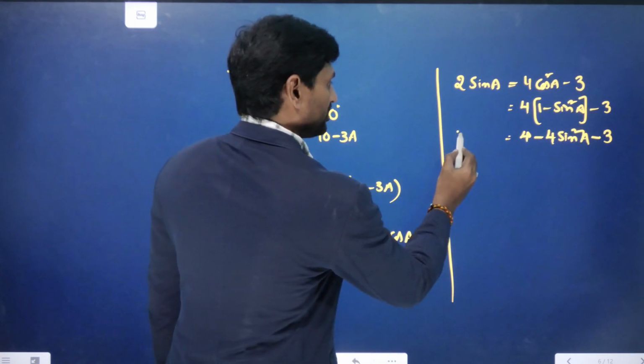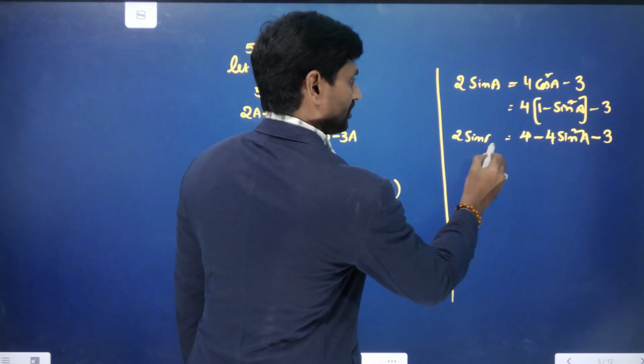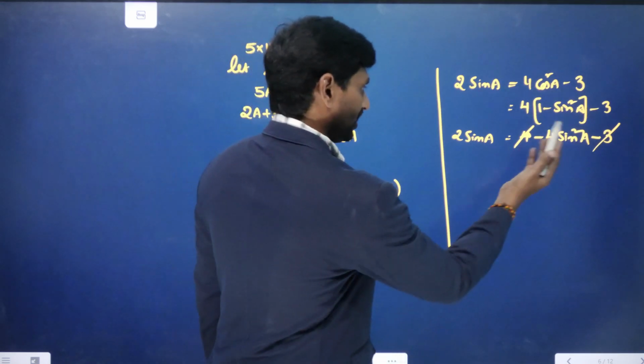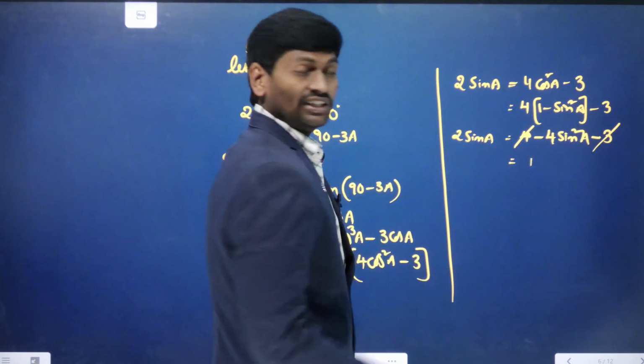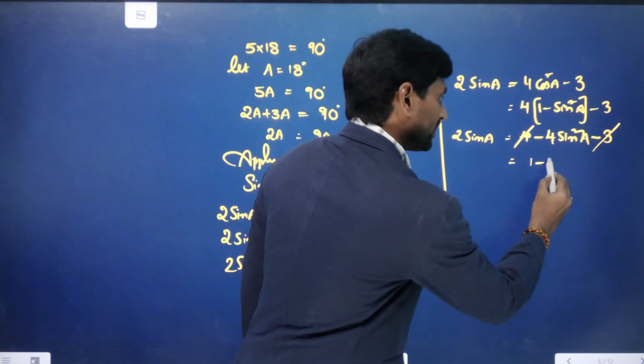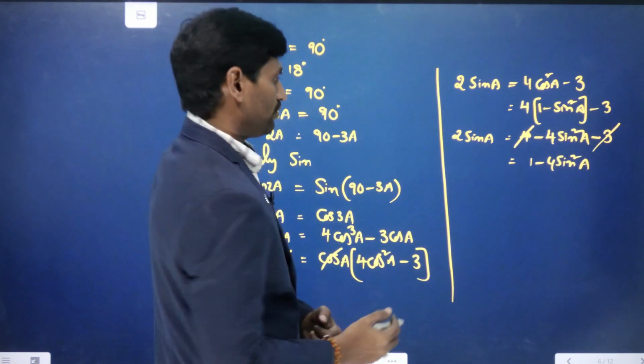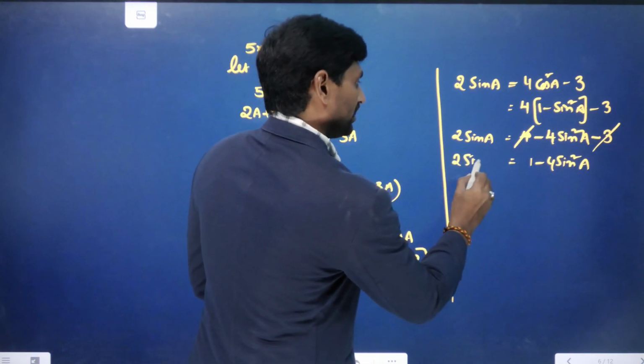Left side is 2 sin A. 4 minus 3 is nothing but 1. We can write 1 minus 4 sin square A. This is nothing but 2 sin A.